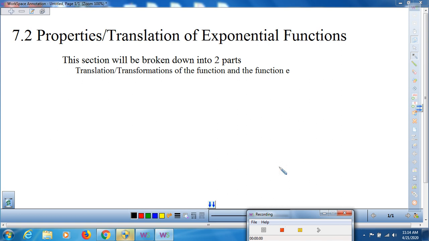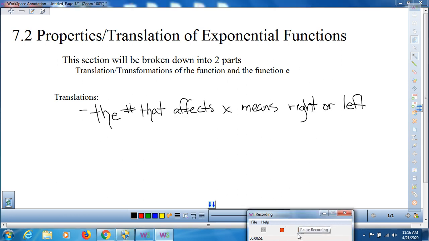Now remember when we did translations before, we talked about several different things. One of those things had to do with how the numbers affected our function. So, one, the number that affects x means right or left.